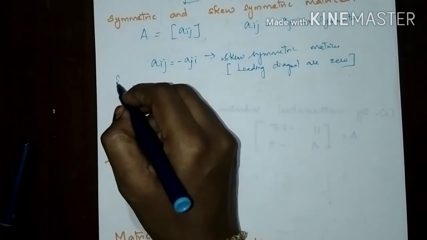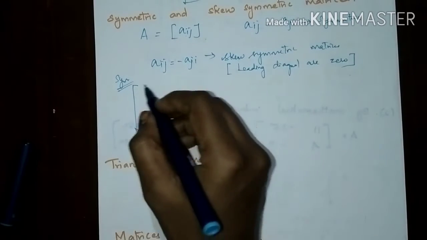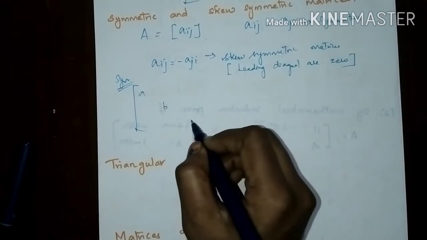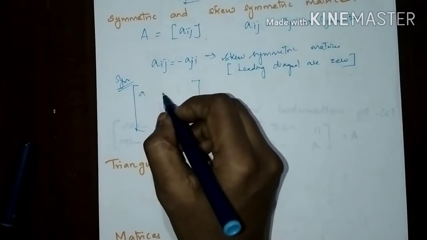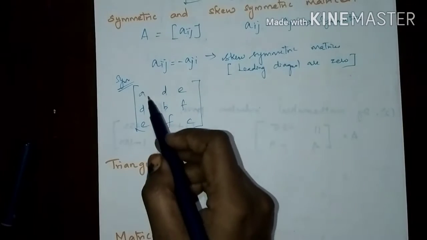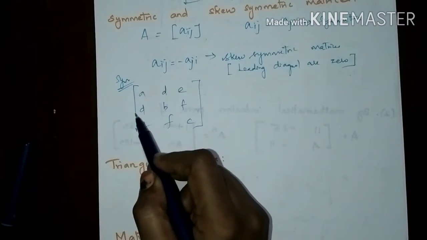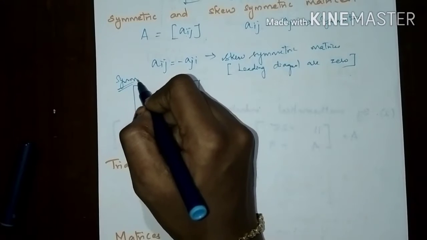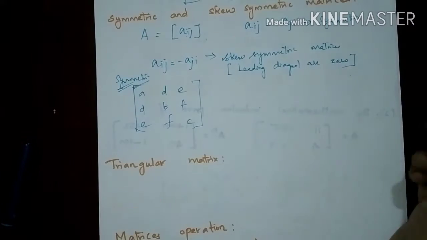For a symmetric matrix, assume it has values A, B, C in the diagonal and put some values here, like F. If you interchange a row as a column or a column as a row, you will get the same matrix. So this is an example of a symmetric matrix.